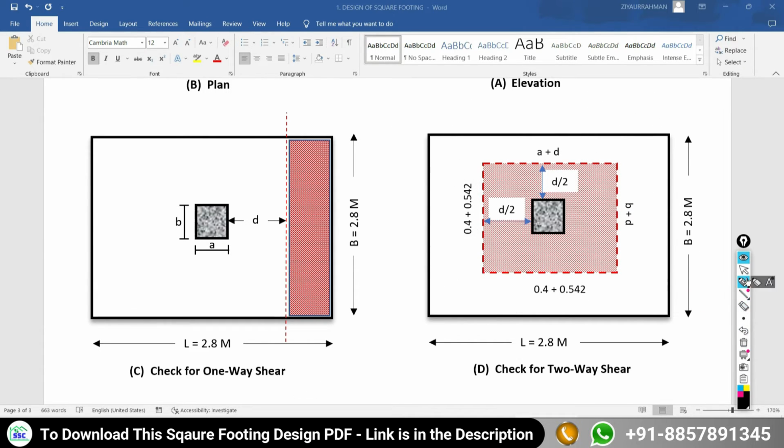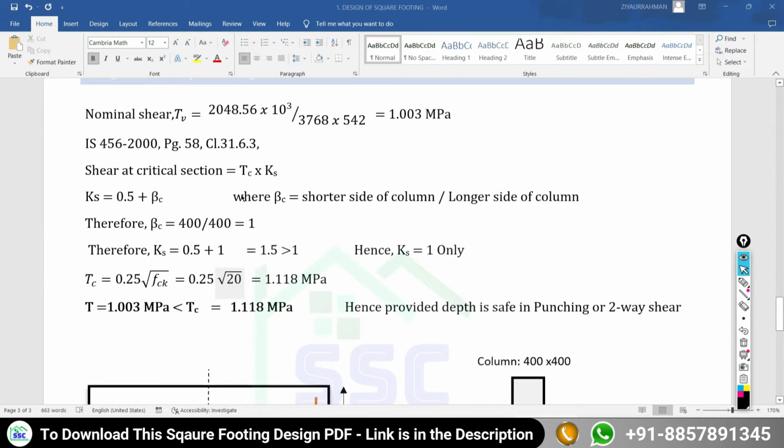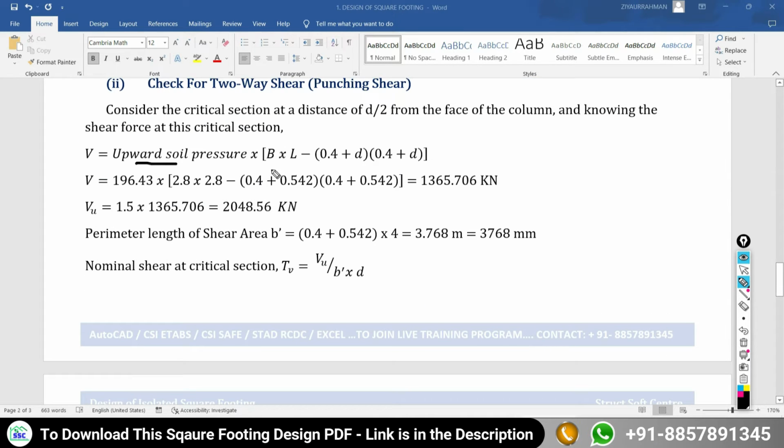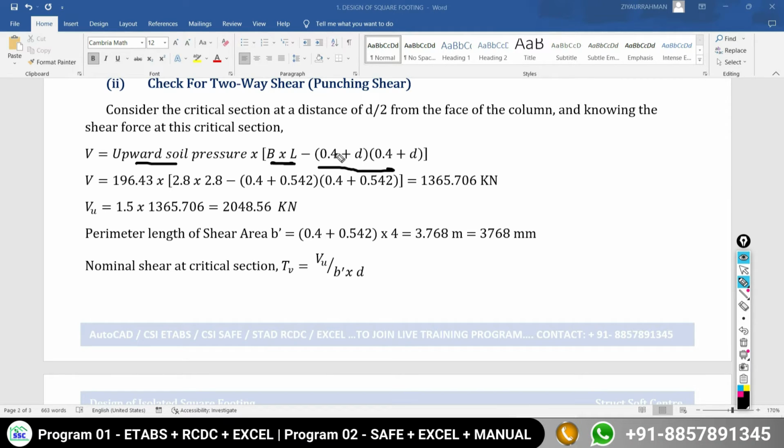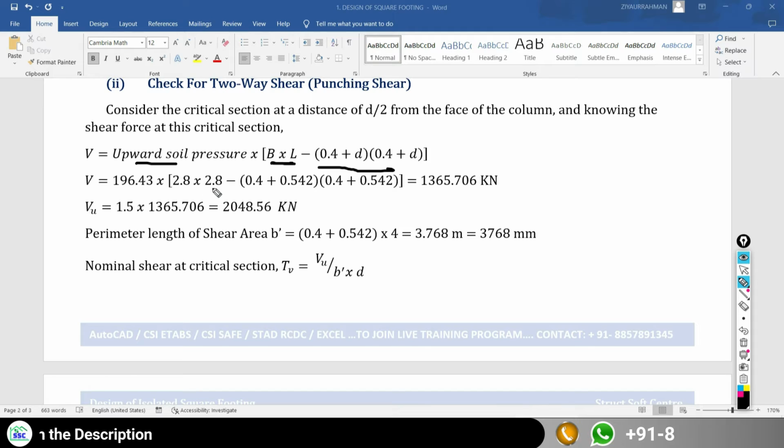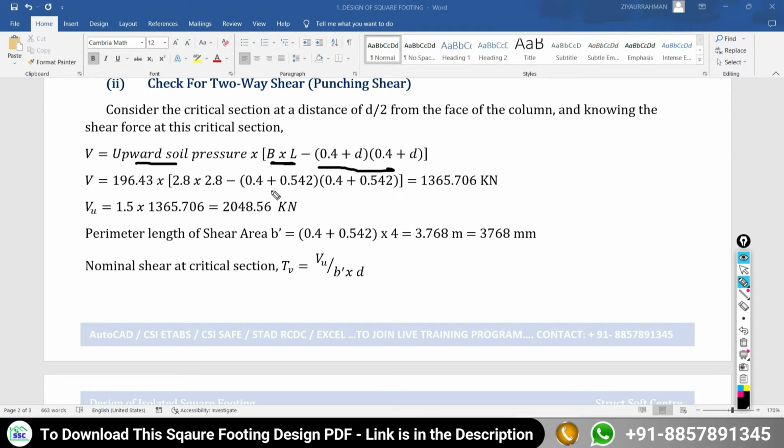So the same formula you will get here. Let me show you. Upward soil pressure multiplied by the total area of your footing minus the internal area, (0.4 + d) times (0.4 + d). So I am going to put here 196.43 multiplied by 2.8, the size of your footing.